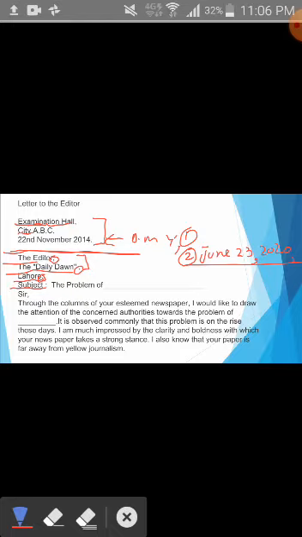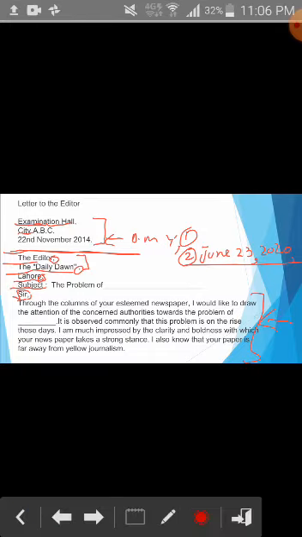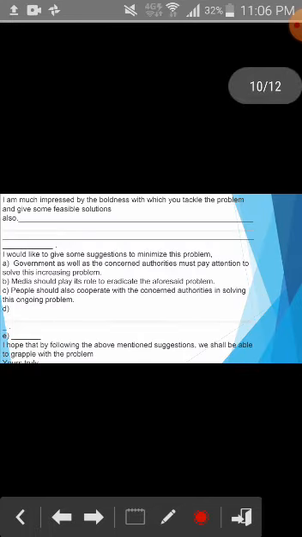Now here you can skip a line, and if you don't want to, you don't, then put the greeting. Here Sir is written, and after that a comma. And now you can see there are at least 2 to 3 paragraphs in which you will talk first about the problems of the particular nature which is being asked from you, and after writing the problems you will talk about the suggestions.